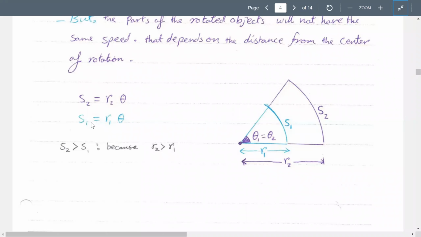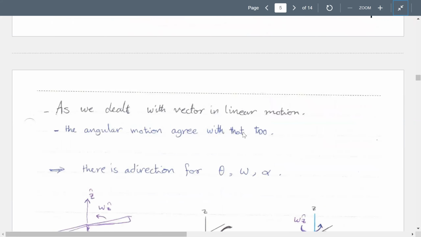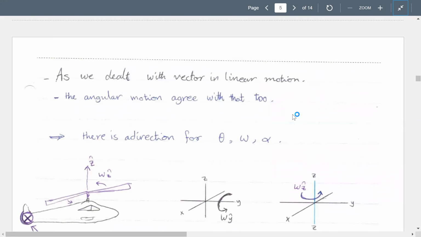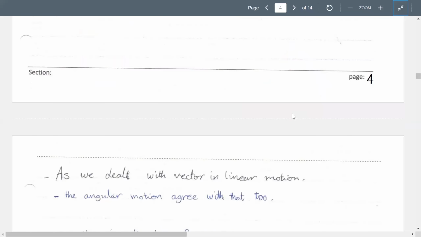S1 is shorter than S2. So if you need to compute the tangential speed, if an object moves on a longer distance, it will be faster than this one. We have some examples about this.